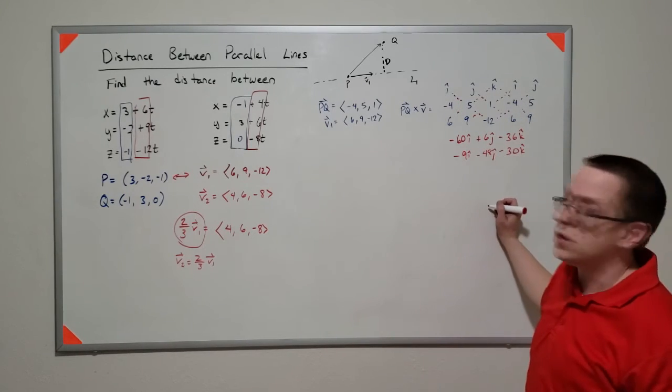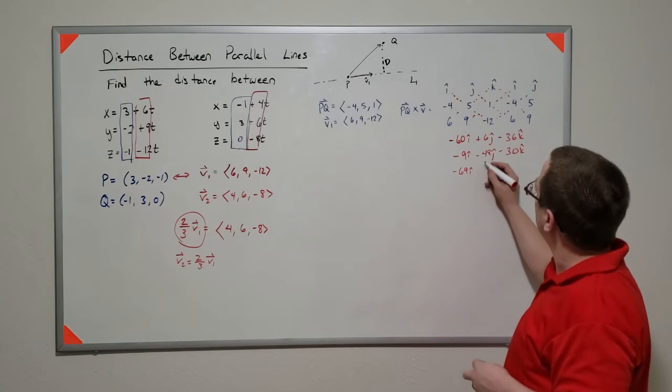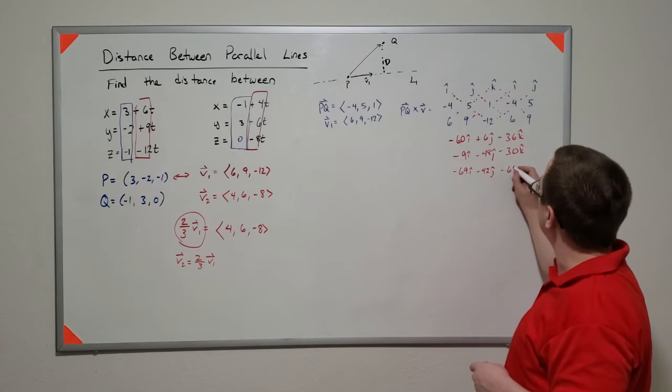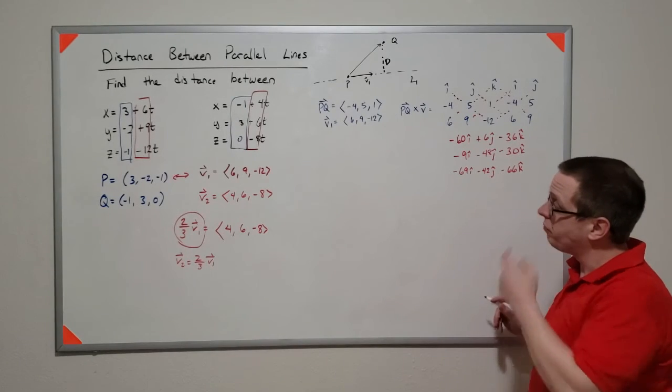A lot of negatives here. So -69i minus 42j minus 66k. It's quite a whopper there, isn't it?